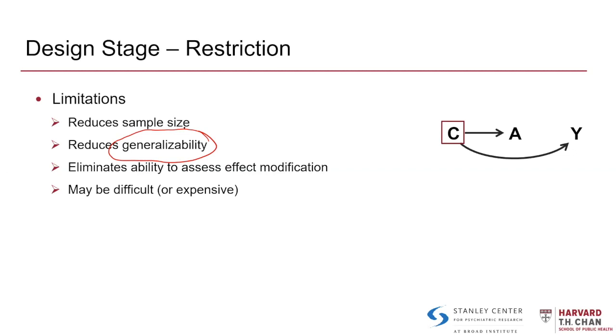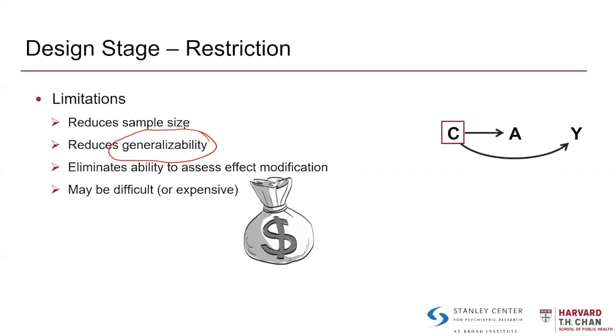It also eliminates the ability to assess effect modification. This is something that we will discuss in module 4. And sometimes it may be difficult, not feasible, or even expensive to identify individuals who fulfill certain criteria.